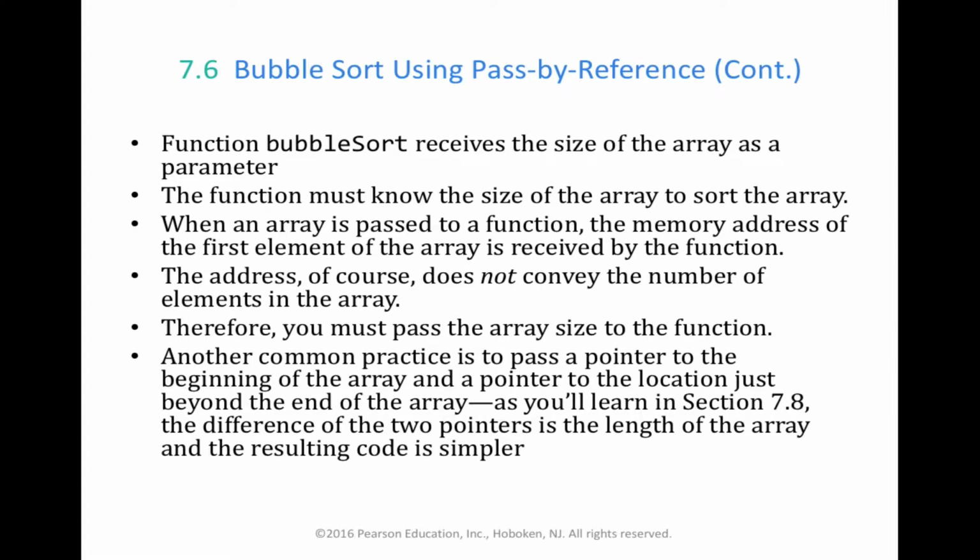Another common practice is to pass a pointer to the beginning of an array and a pointer to the location just beyond the end of the array. We'll talk about that a little bit later today. The difference between the two pointers is the length of the array, and the resulting code is a little bit simpler.